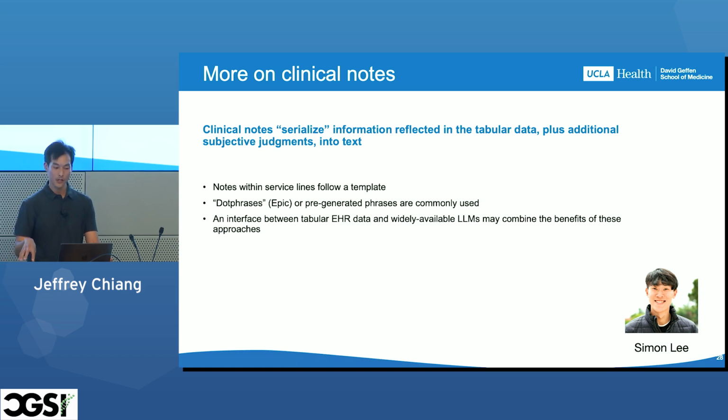And a lot of these are generated using smart phrases or dot phrases in Epic, depending on your EHR system. That's basically a pre-generated phrase that a clinician might type a shortcut for, and it pre-populates that into your clinical text. So it's not actually written by the clinician, it's just pre-populated and programmatically generated.